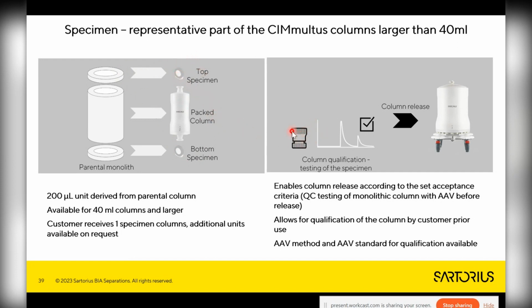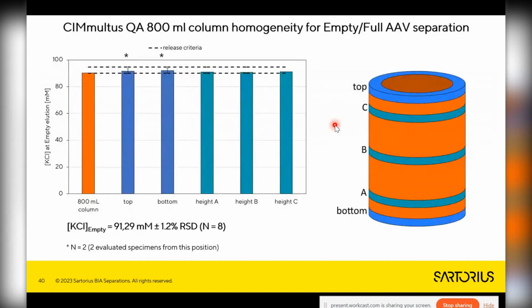And here we run the separation of empty and full. If the separation fits certain criteria, then we would say the column is okay, we would sell it. Otherwise, we would throw it. So that's a new method we implemented.